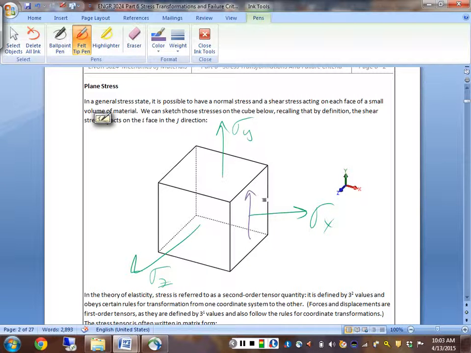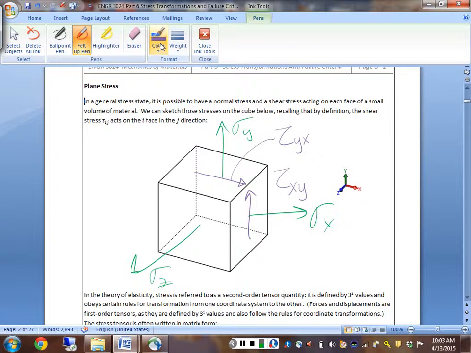So if I have this one, I have a tau that is on the x face in the y direction. That's the subscript convention. And so it has to have an equilibrium friend on its other face that would then be tau on the y face in the x direction.